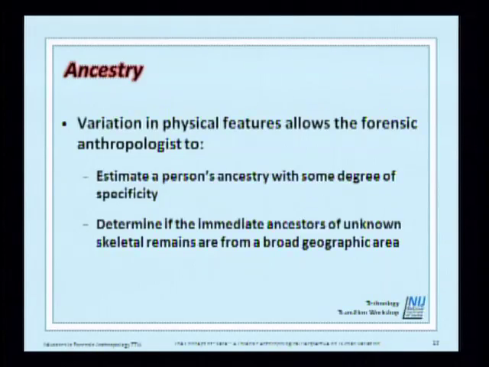Okay, so again, why do we need to assess ancestry? Well, we can estimate a person's ancestry to a pretty good degree of specificity. We're pretty good at that because we do have geographic adaptations that we can actually visually see in the craniofacial region and in some other parts of the body, and we can also quantify those differences.